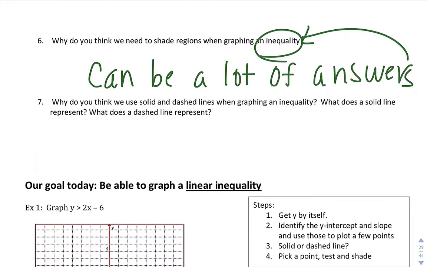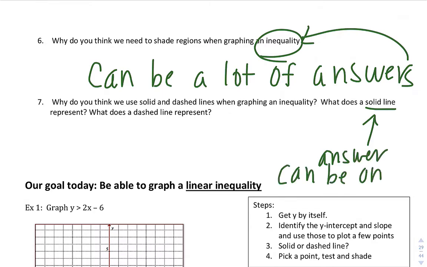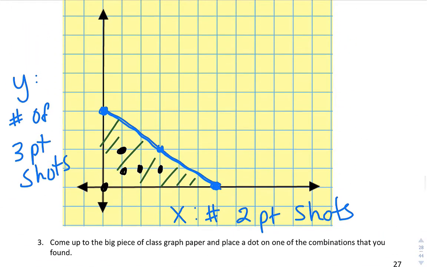And then number 7 says, why do you think we use solid and dashed lines when graphing an inequality? What does a solid line represent, and what does a dashed line represent? So we're actually going to get into that. A solid line means the answer can be on the line. So if we go back to our graph right here, any answer on the line could also fit the inequality.